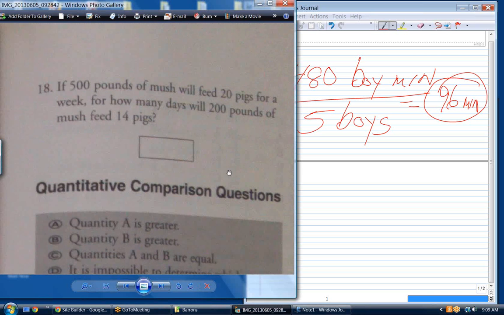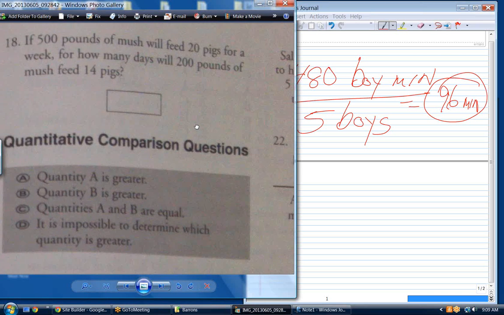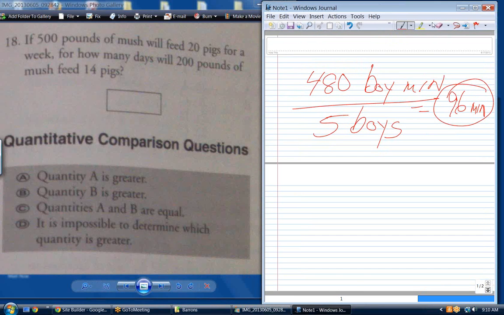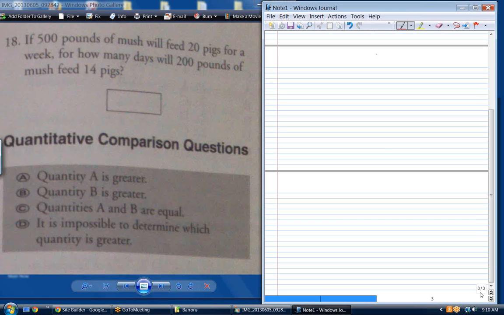Similar kind of question, not quite the same, but notice what's similar.